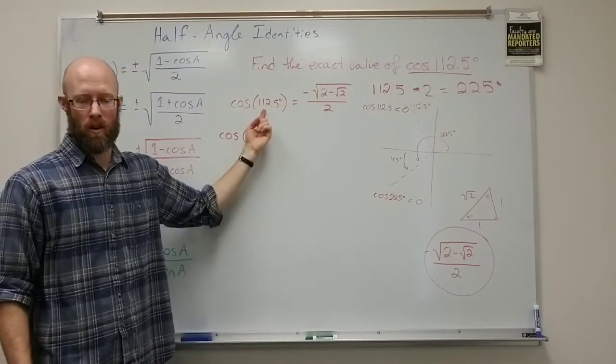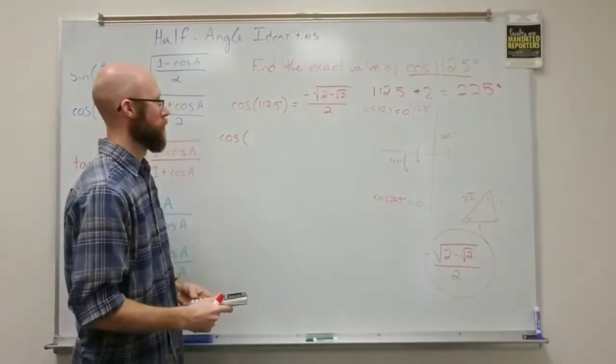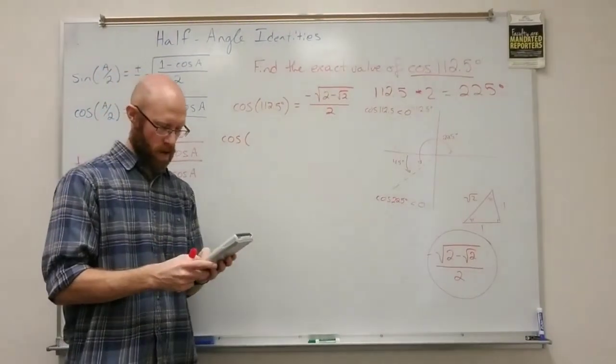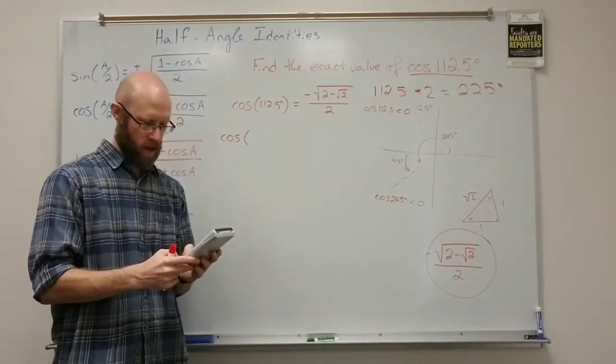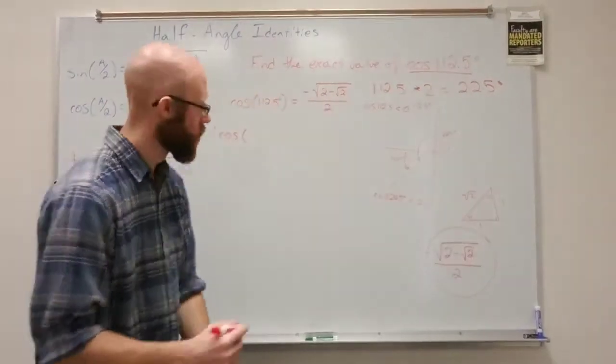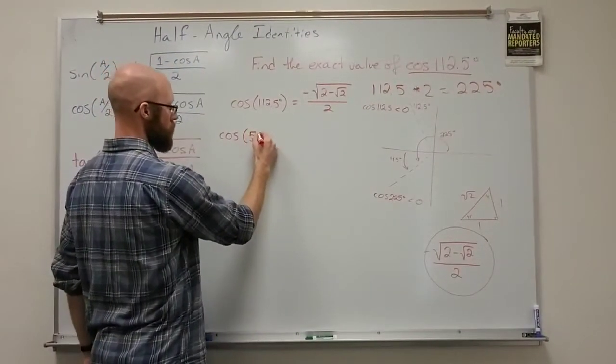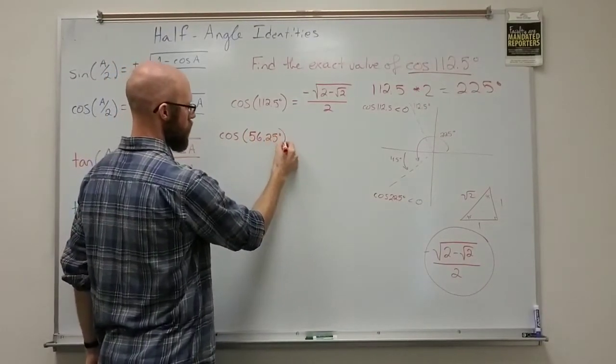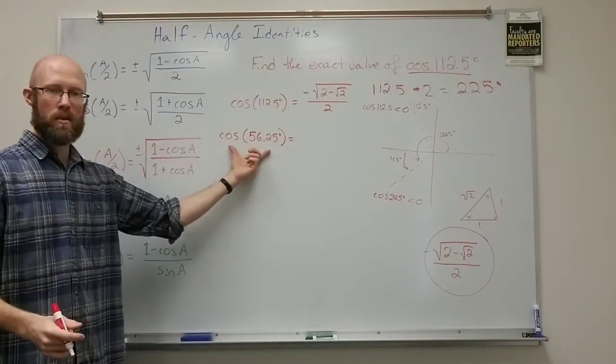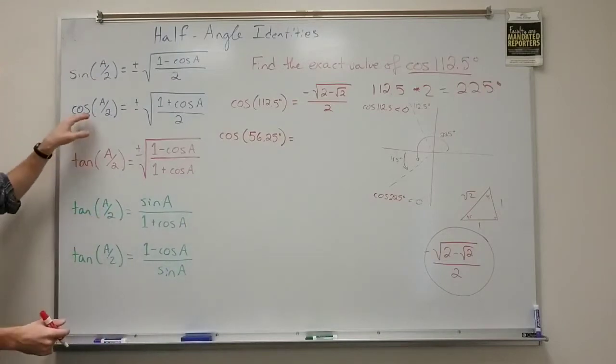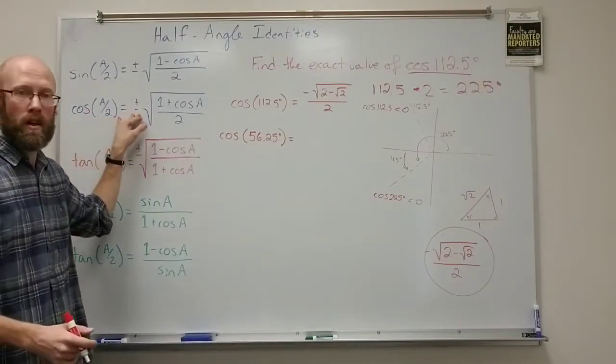What's half of 112.5? 56.25, right? Double check. 56.25. So if I find the cosine of 56.25 degrees, that again is going to be found using my half angle formula.